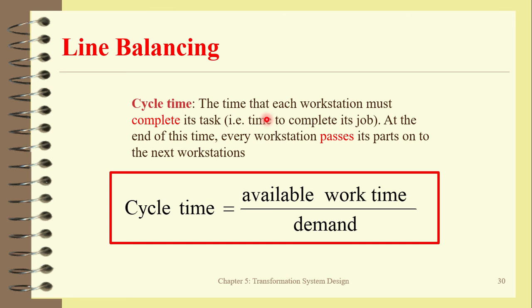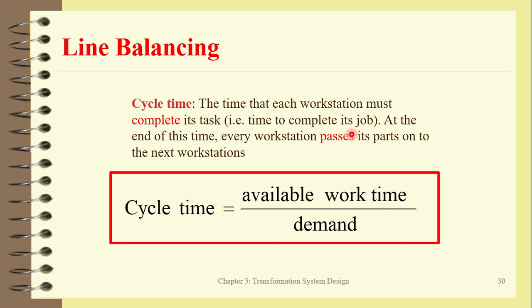Okay, we come to the line balancing problem. Please pay more attention on this slide. The cycle time, the definition of the cycle time, is the time that each workstation must complete its task.